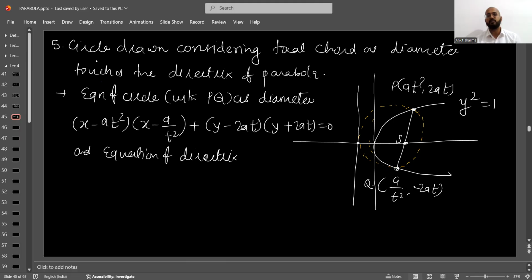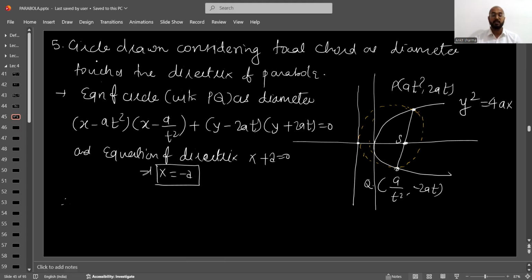This is my standard one, of course, y square is equal to 4ax because these are the parametric points for the standard parabola. And then the equation of the directrix is x plus a equal to 0, which means x is equal to minus a. So again, we can work on the same principle: I'll take my circle and solve it with this line. I should get only one common point.